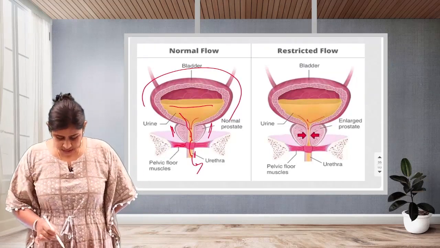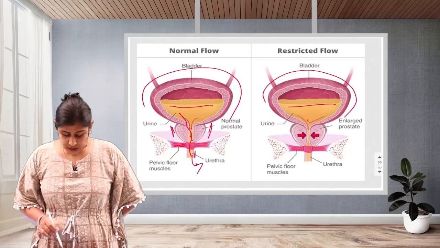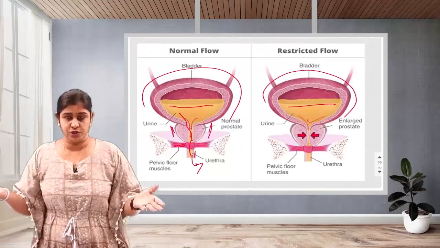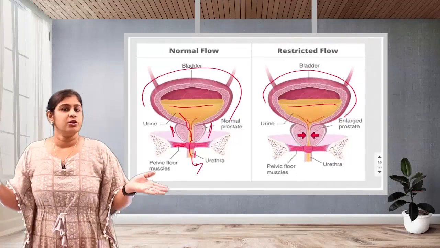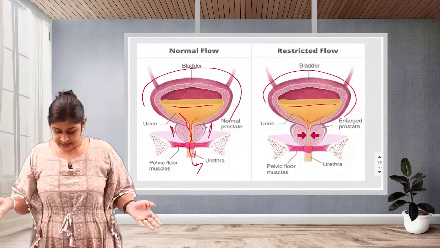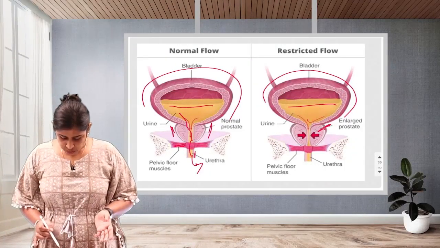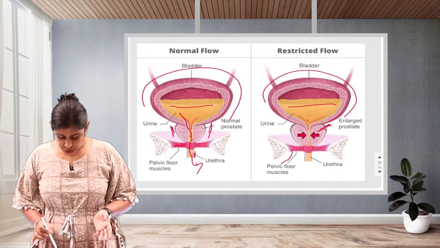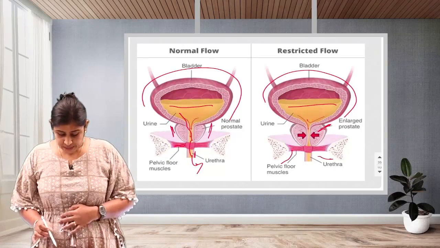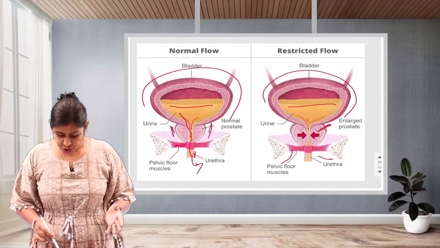What is happening in the restricted flow? You can see it is a bladder. This yellow color is urine, but the prostate size is enlarged, whereas in the normal case the prostate size was not enlarged. You can see the pelvic floor here and this is also the urethra. Because of this enlarged prostate, there is restriction of the flow.